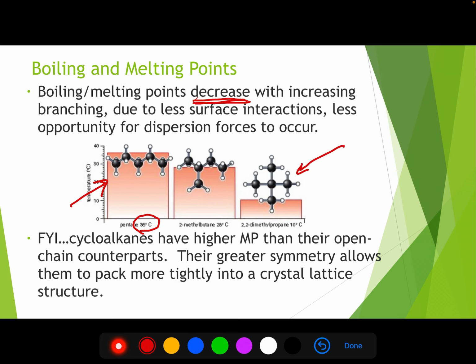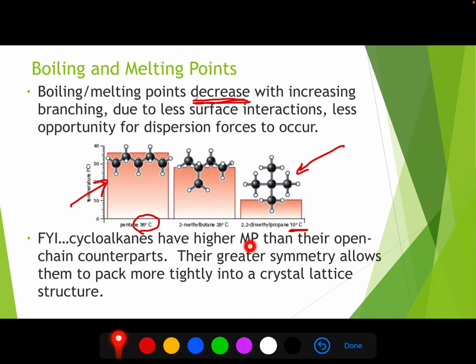This has the same number of carbons, therefore the same mass, the same chemical formula. However, it's more branched, so it's a little bit closer together. We'll have less dispersion forces and therefore a lower boiling point. By the way, this is just to show you that this isn't always foolproof.